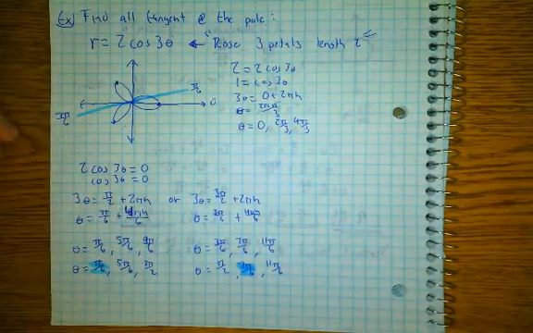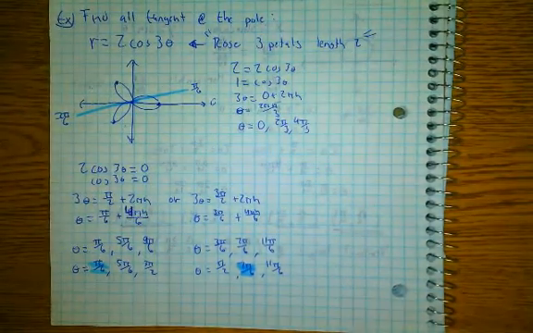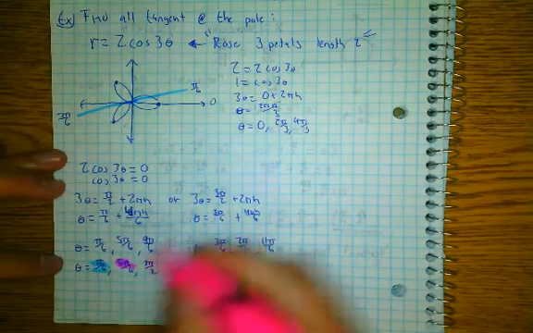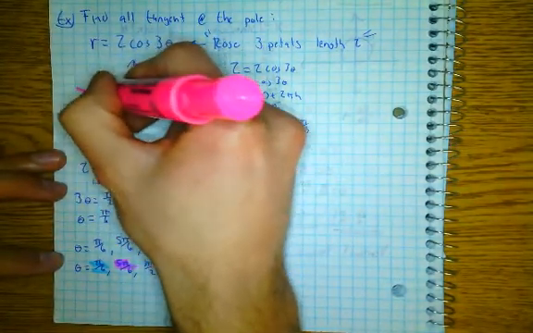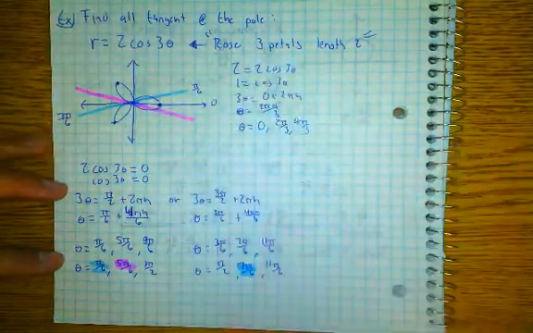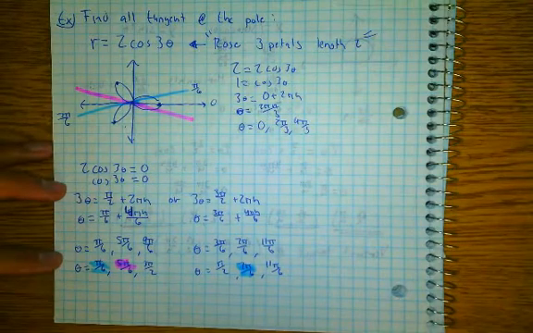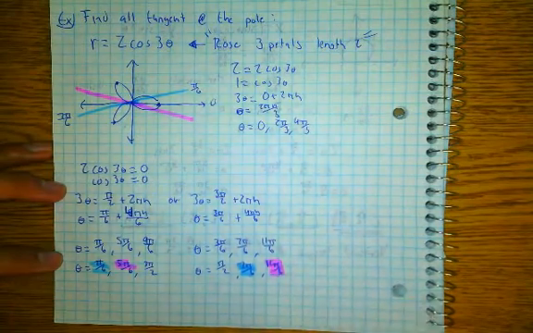Cool? Now, here in pink, 5 pi over 6 would be right here, which would be going in this direction, which will also represent what? 11 pi over 6.